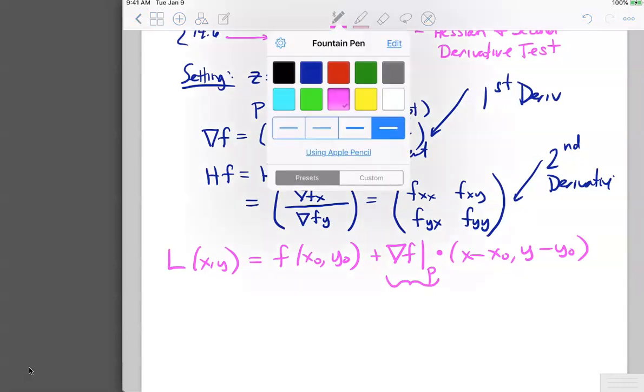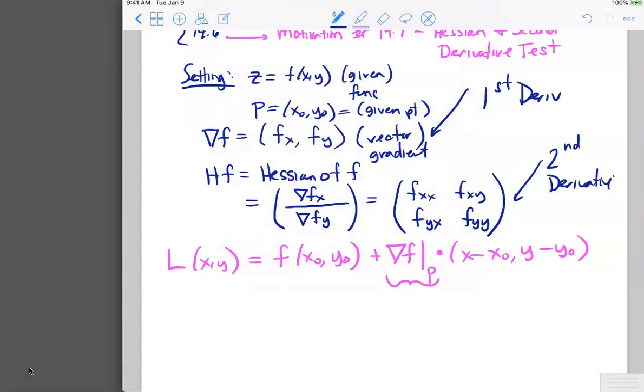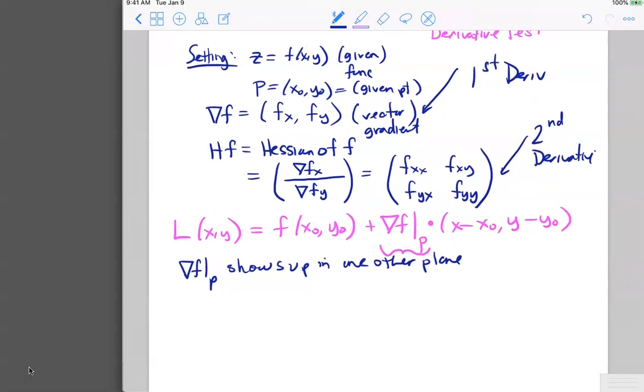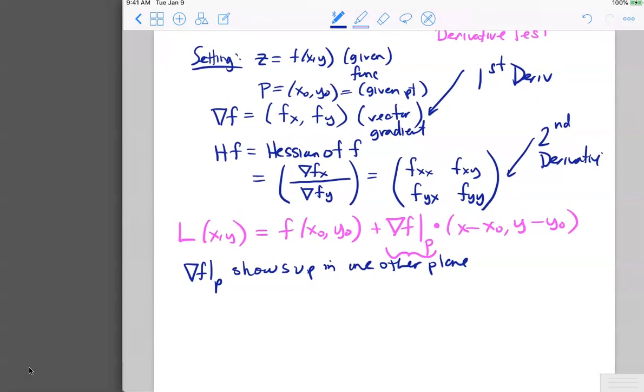Then you'll also recall one other place where the gradient of the function at the point P shows up. Not just in the linear approximation tangent plane formula, but it also shows up in the tangent line problem.